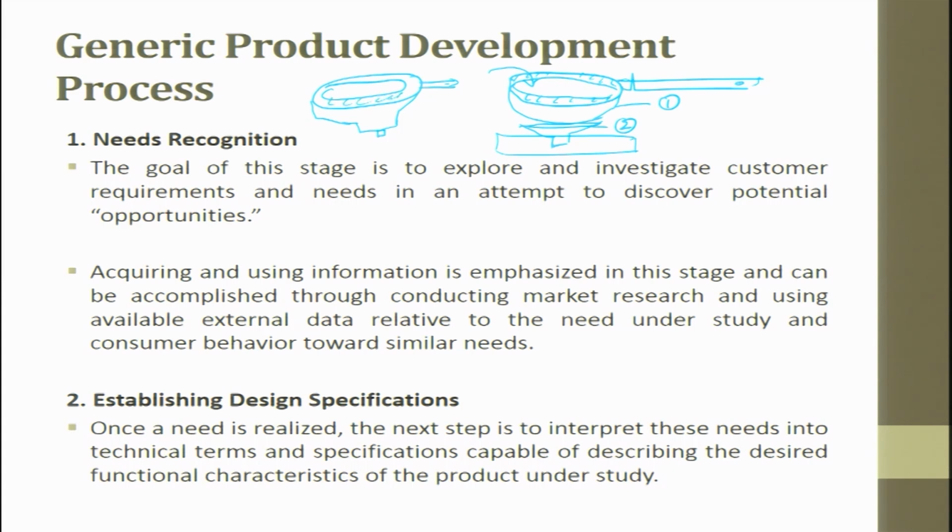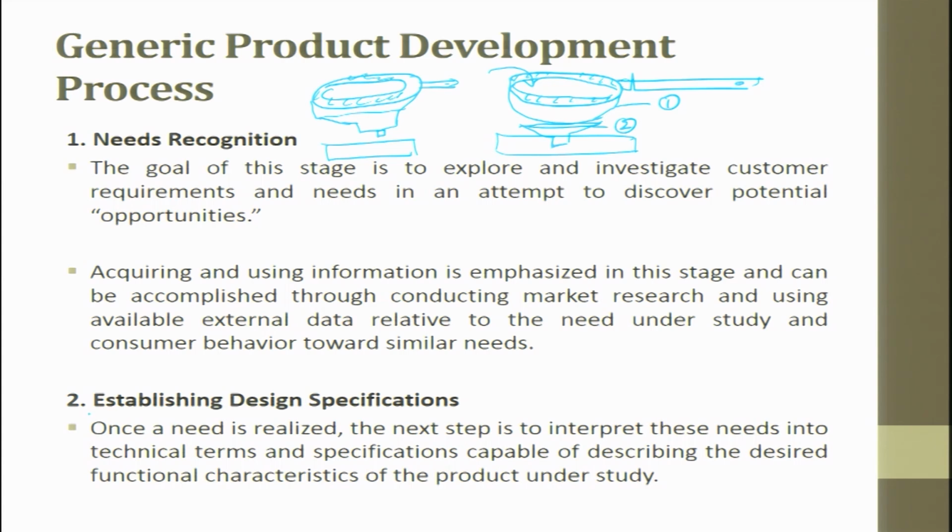So, this is a filter with a funnel attached, and now you can pour exactly into the container. Earlier we were looking for funnels, now the funnel is an integral part of the filter itself. So, somebody found out there is a market need, they developed this product. Today this product is moving very successfully, right. So, you have to find an opportunity and then start doing it.